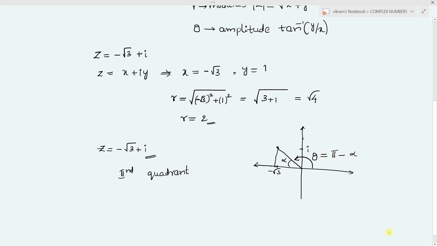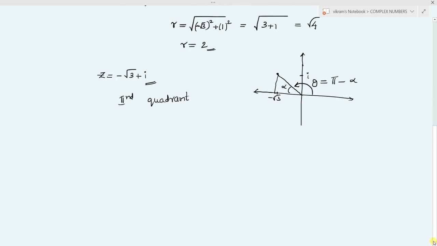Is it clear? Just watch the video on the argument of a complex number, then you will get the idea of how to find the argument if it is in the second quadrant.